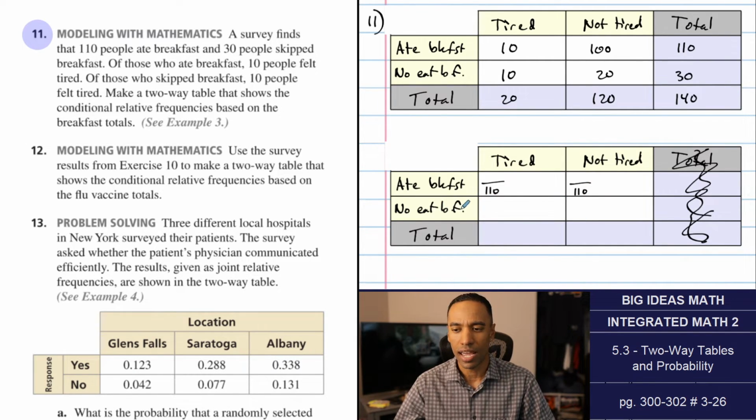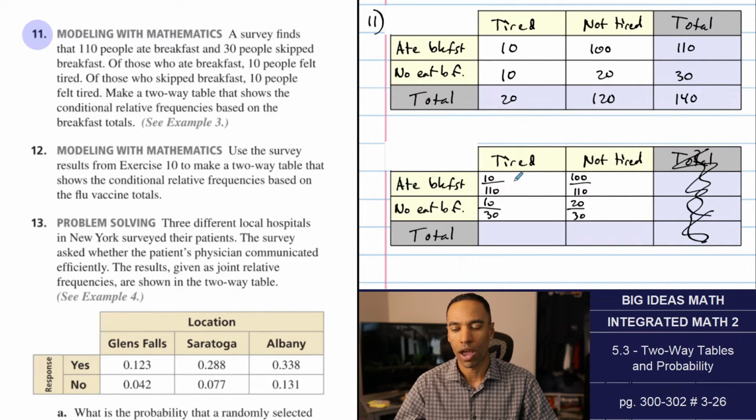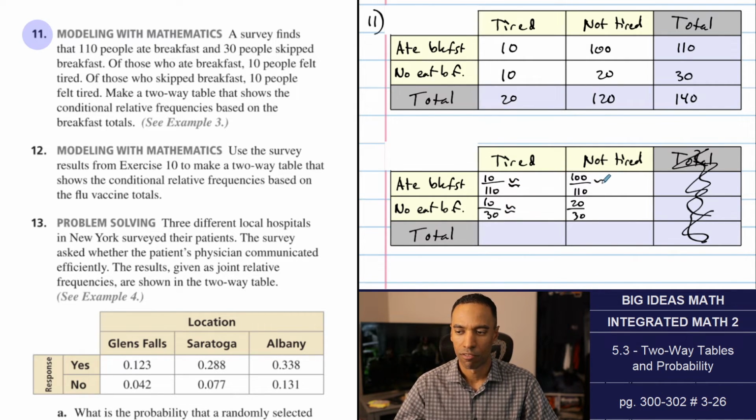Of those who did not eat breakfast, how many were tired, right? So out of 30 and out of 30. So we're going to divide those values. So 10, 10, 100, and 20. And here is where, because you're not dividing by the same amount, I might just use the decimal rounding version of things.